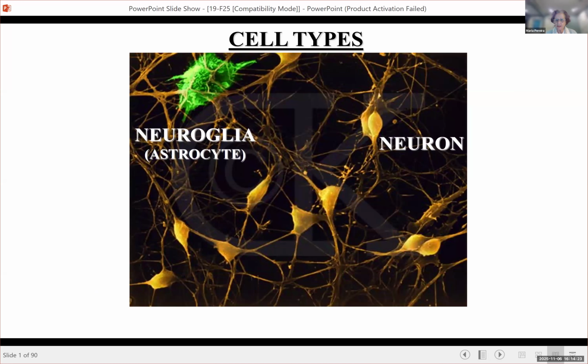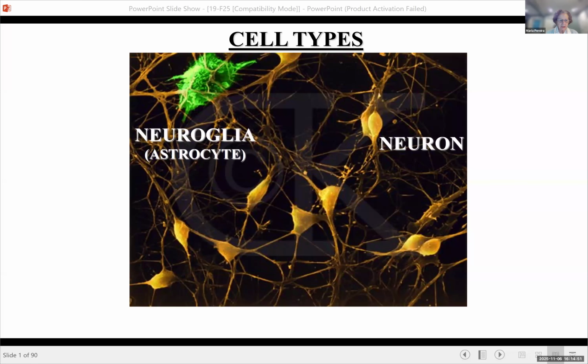Those cells are known as glia cells. There are several types. One of them is shown here in green, and it's an astrocyte. Of course, it's not green. It's shown in green because it's stained with a specific dye just for astrocytes.